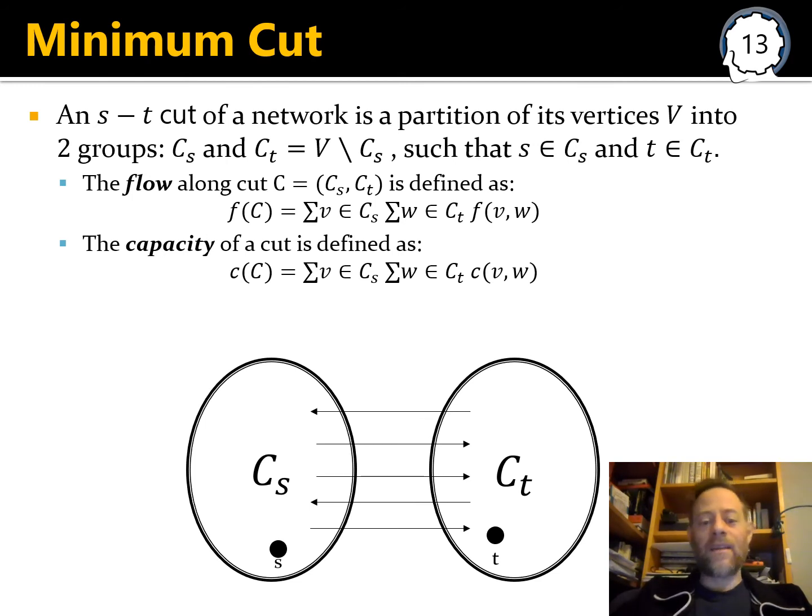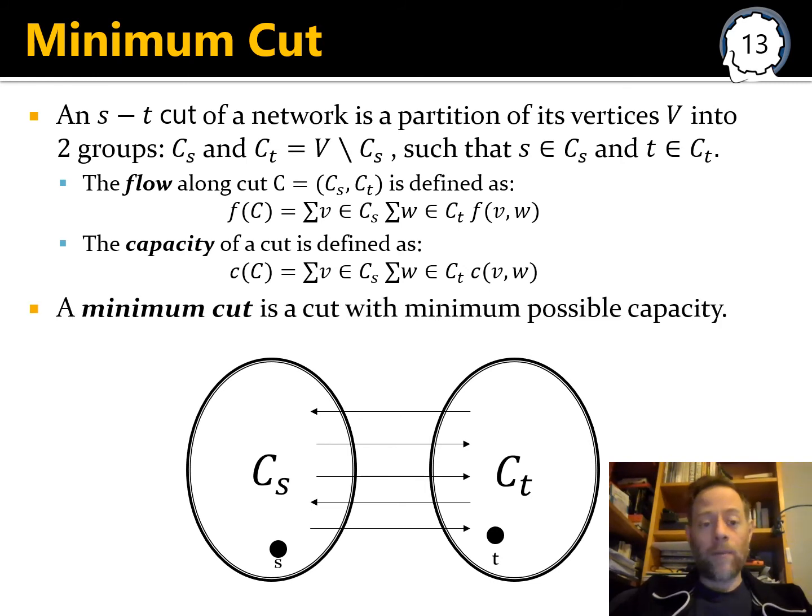So basically that's how much more flow you could send from S to T. So that's the general idea of the cut. And now the minimum cut is the cut with the minimum possible capacity. So in some sense, the optimal minimum cut is of course one where the capacity is 0, which means that all the flow is saturated. So it means that you cannot push anything more from the S side to the T side, from the source side to the sink side.